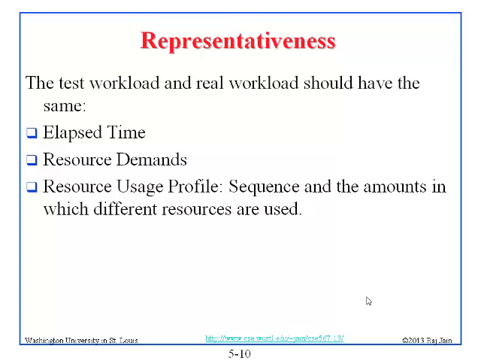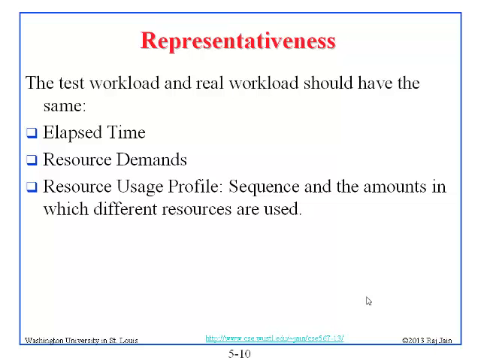Basically that is what representativeness means: if you run the workload or you run the real thing, you should get the same kind of behavior. And these are actually more and more detailed levels of representativeness. Just one number is matching. Resource demands on every resource being the same, like you say, well, CPU time, disk time, and so on and so forth.